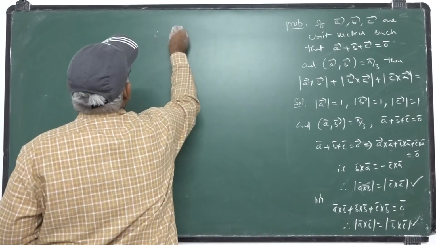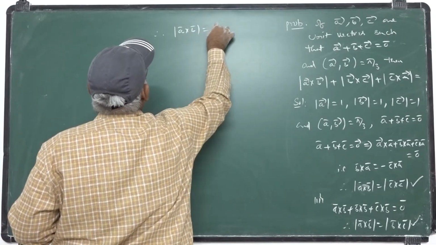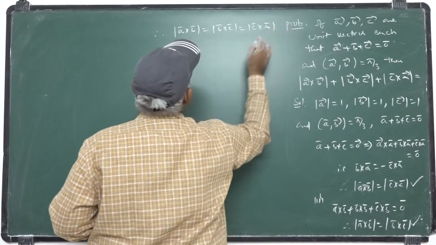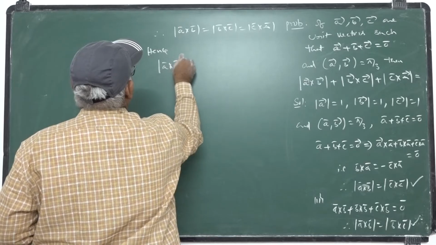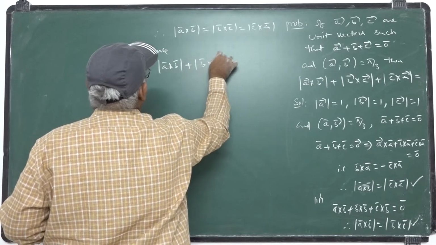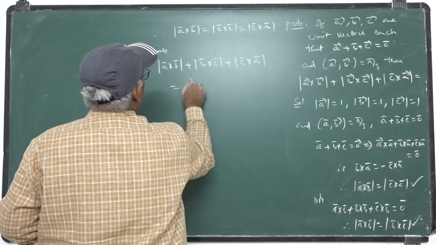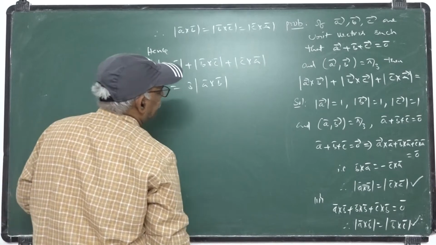Therefore, mod A bar cross B bar equals mod B bar cross C bar equals mod C bar cross A bar. Hence, modulus of A cross B plus modulus of B cross C plus modulus of C cross A is 3 into modulus of A cross B itself.